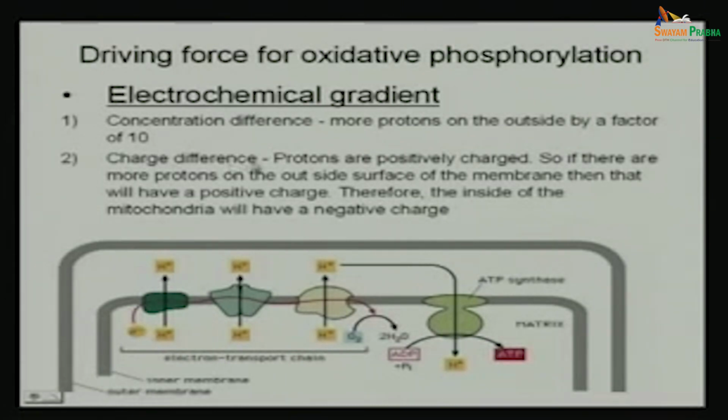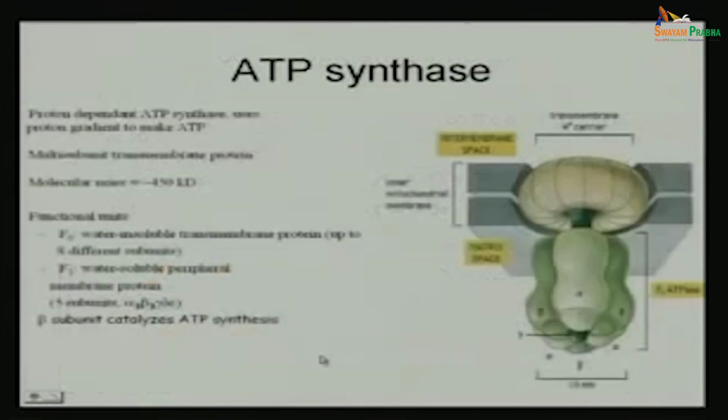The charge differences are because protons are positively charged and are more on the outer side than in the inner mitochondrial matrix. So there are more protons on the outside surface, meaning more positive charge on the outside and negative charge on the inside.